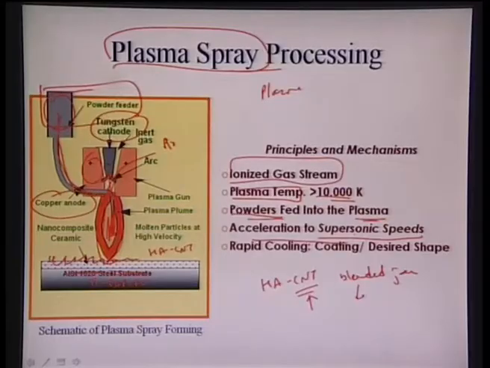That's how this deposition technique is utilized in creating a graded structure. Once it impacts the substrate, it undergoes rapid cooling, and that forms a coating on the titanium 6 aluminum 4 vanadium substrate.